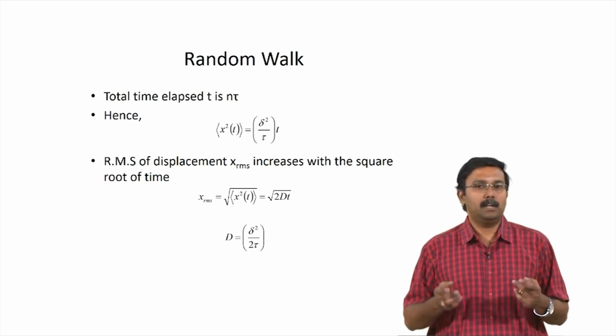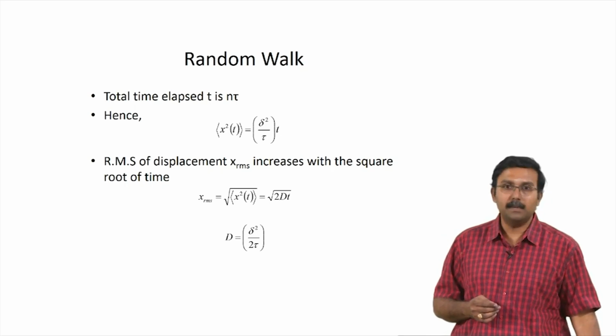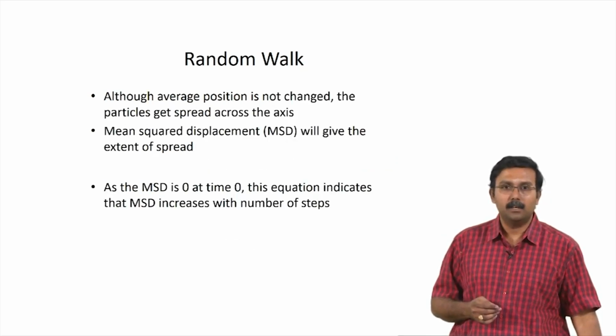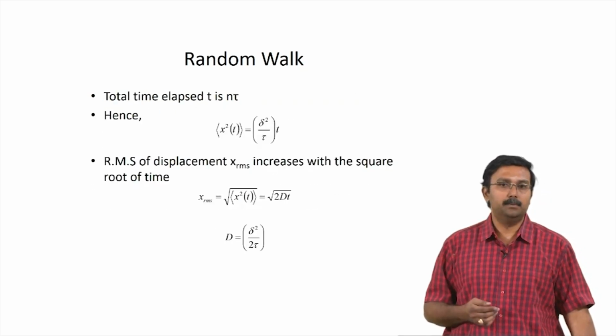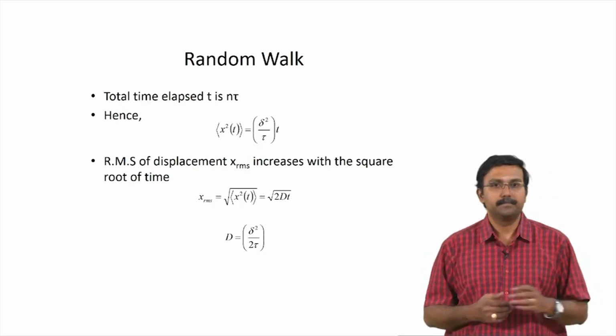So, if the total time lapse is n tau, then this equation would simplify to this. All I am doing is dividing it by n tau, right.